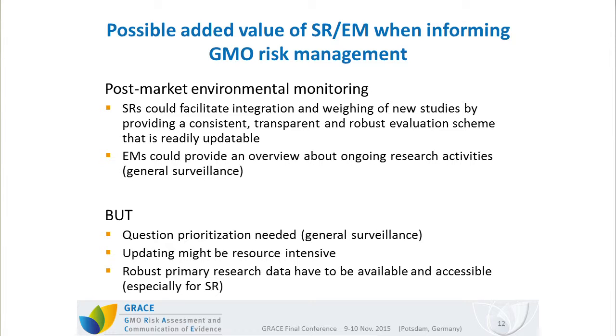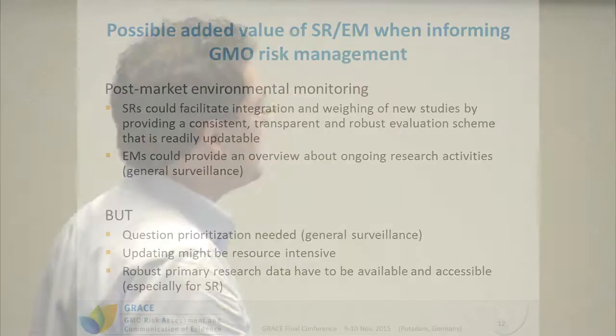And if you think of the scope, looking for unintended, unanticipated effects, it's pretty hard for my imagination to come to reasonable questions in this area. Updating in general might also be resource intensive depending on the amount of primary data which has to be included, and especially for a systematic review, robust primary research data have to be available and accessible.